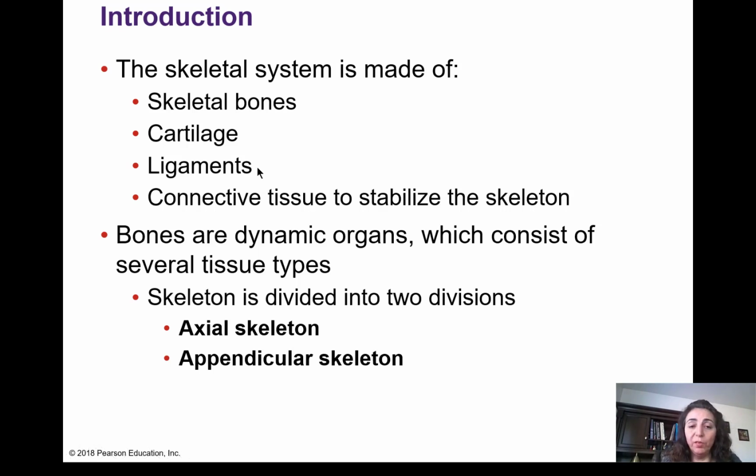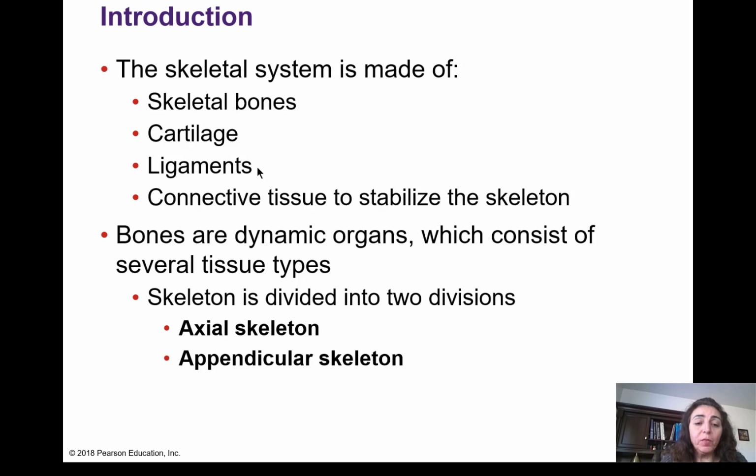So please pay attention to the level of organization, and in this chapter we may talk about the bone as a tissue, and then we may jump over to the bone as an organ. So we differentiate which one we are talking about.